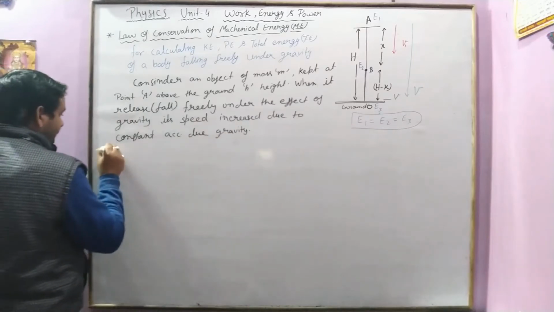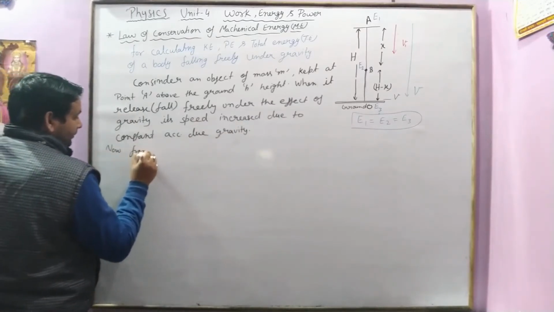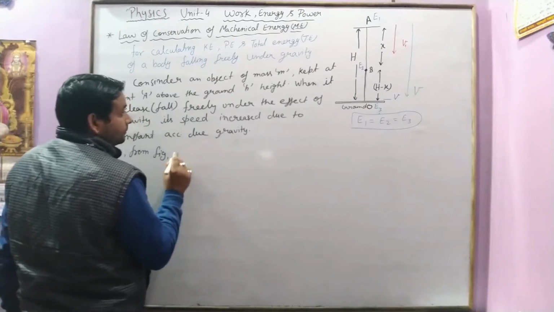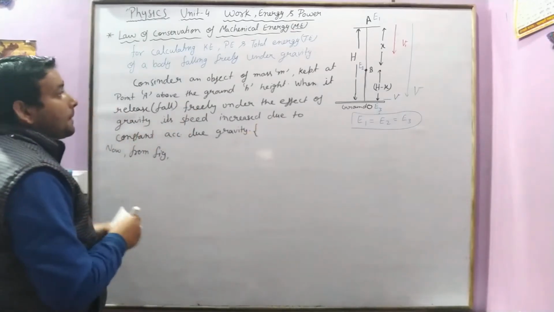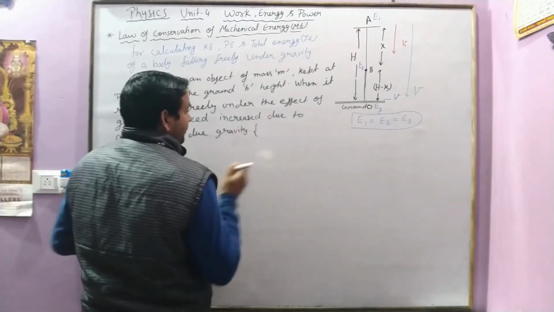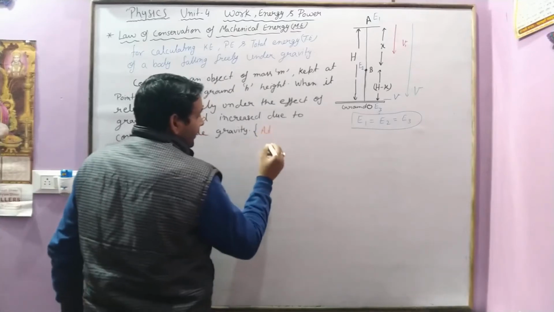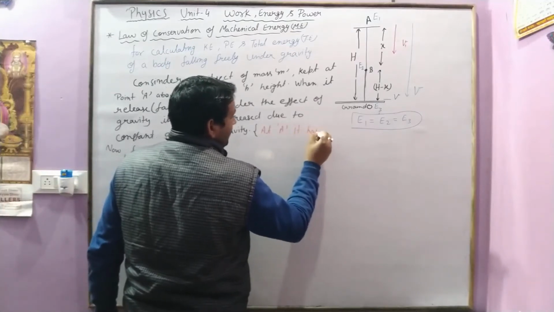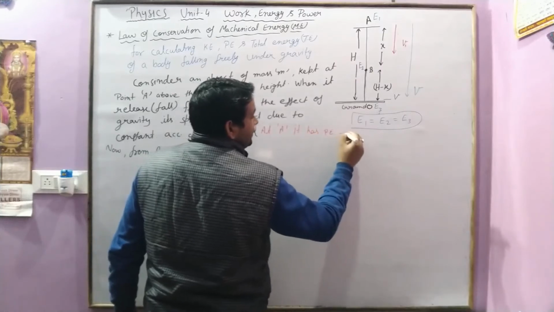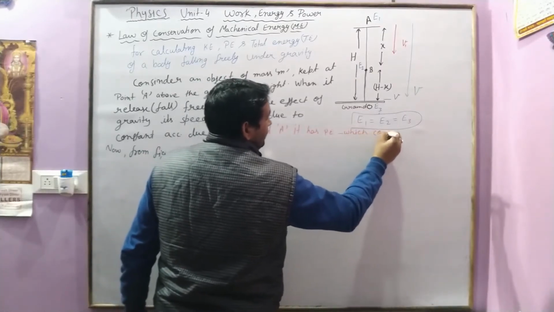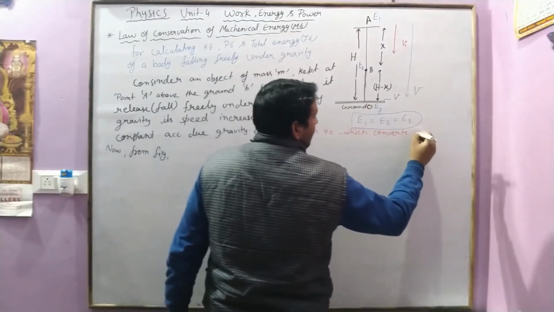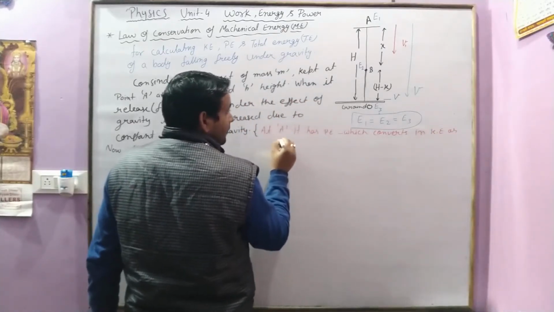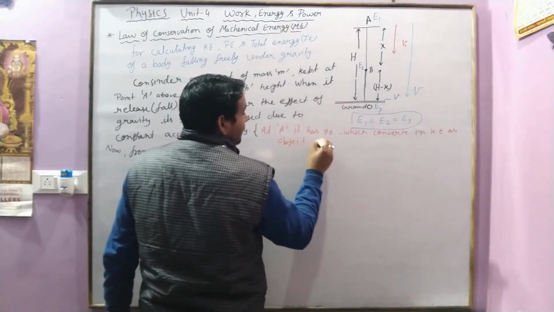Okay, now from the figure, one thing here also: at A it has potential energy which converts into kinetic energy as the object reaches the ground.